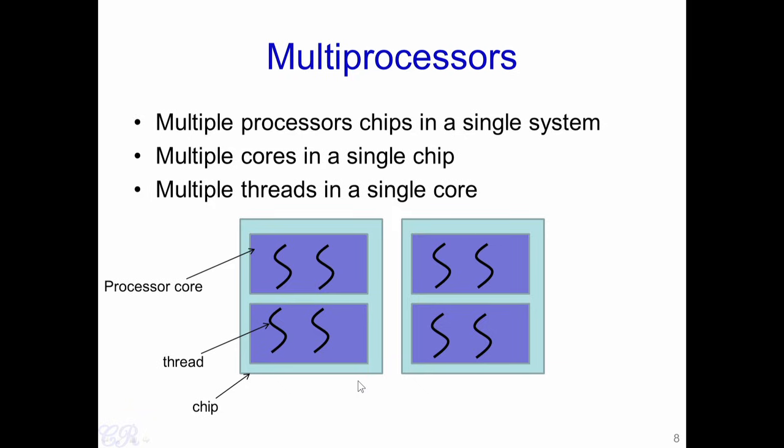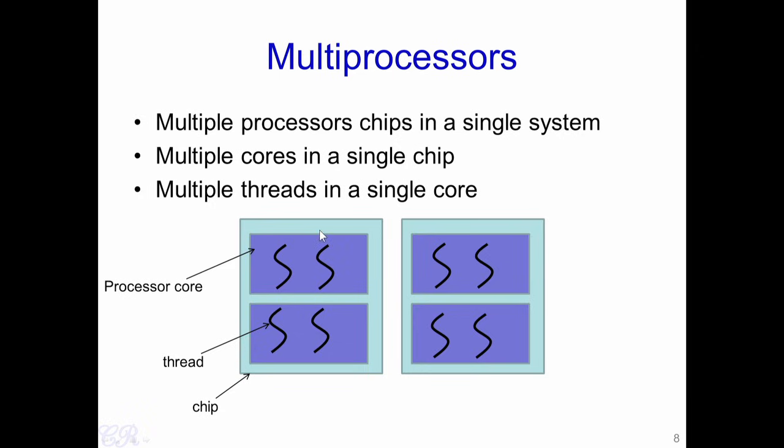So, what would happen in the case of multiprocessors? Essentially, where the system has more than a single processor. Such a system would look something like this. There would be several CPU chips and each chip would have several cores.